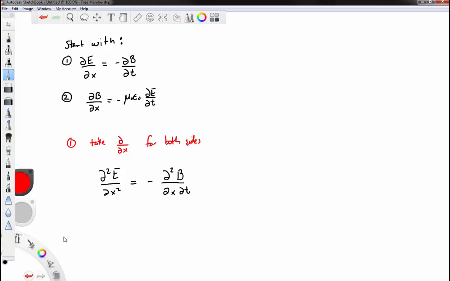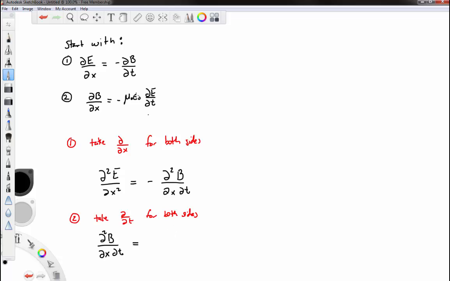For equation number 2, we take the derivative with respect to time of both sides. So that gives us dB by dx and d by dt, so that becomes a d squared B, and the order you take derivatives in doesn't matter. It doesn't matter whether you take the derivative with respect to x, then t, or the other way around. So we can write that like this.